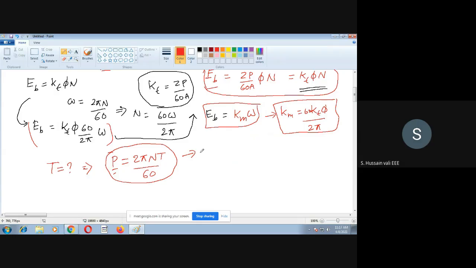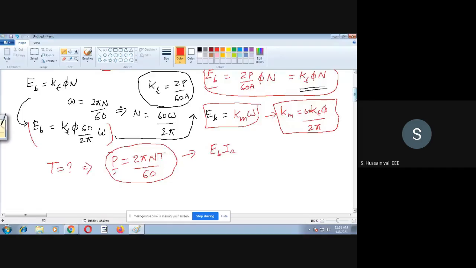Now the power from this will go and drive the load. That torque is called the electromagnetic torque. So how can I write that torque here? We got one equation, P is equal to 2 pi NT by 60. Now P I will write as EB into IA.